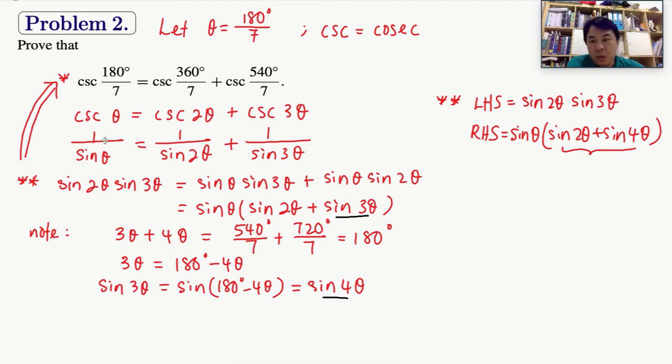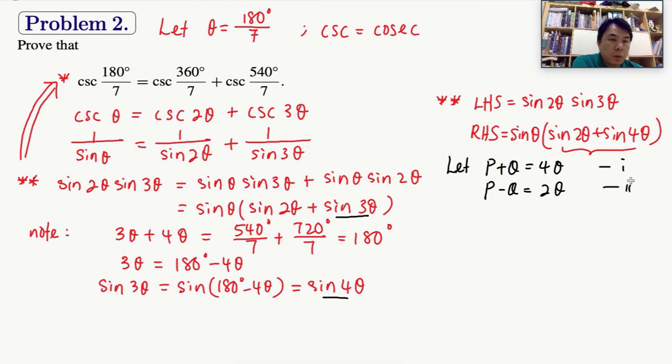Okay. Now my strategy will be here. I'm going to let P plus Q equal to 4 theta, and then P minus Q be 2 theta here. Right, now I have number 1, number 2.